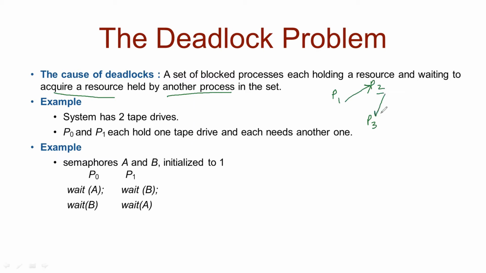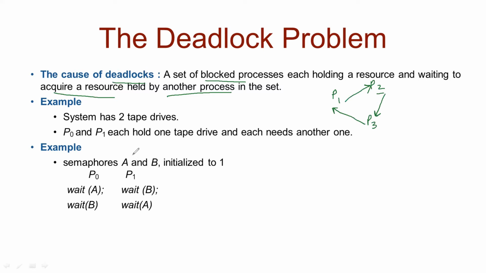P2 is waiting for some resource which is held by P3. P3 is waiting for some resource which is held by P1. So all these three processes, P1, P2 and P3 are blocked processes, and each of these three processes are waiting for other processes. So this is a deadlock.